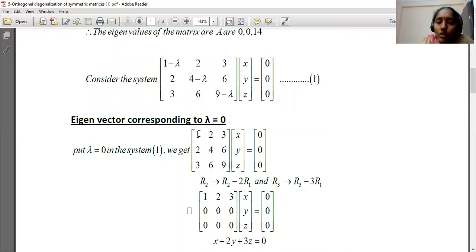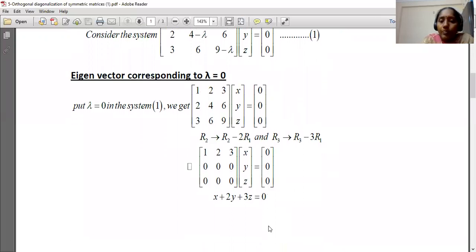So R2 goes to R2 minus 2R1, and applying the transformation on row 3, R3 goes to R3 minus 3R1. Then you will get the resultant matrix 1, 2, 3, 0, 0, 0, 0, 0, 0, times X, Y, Z equals 0, 0, 0.